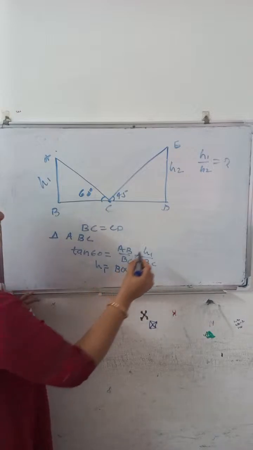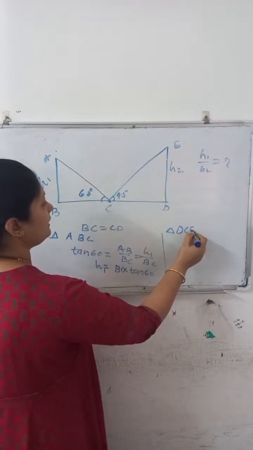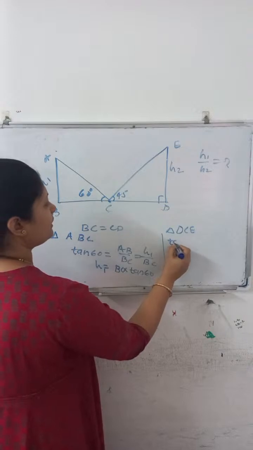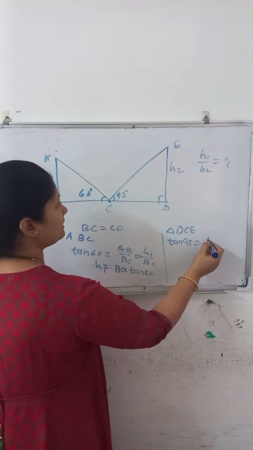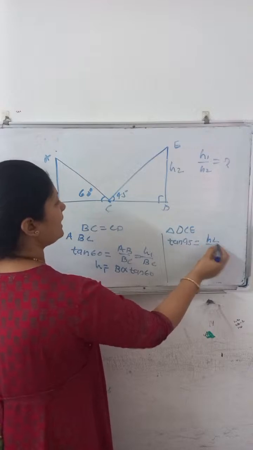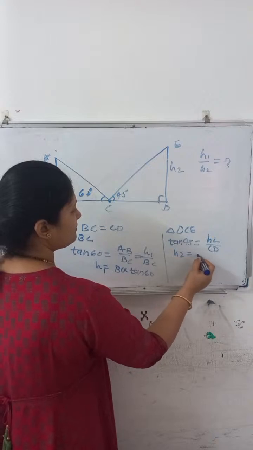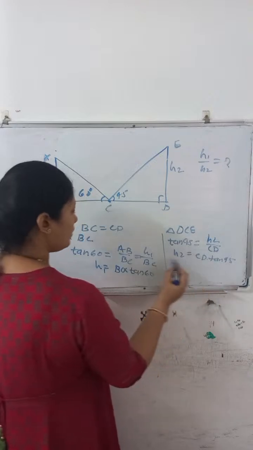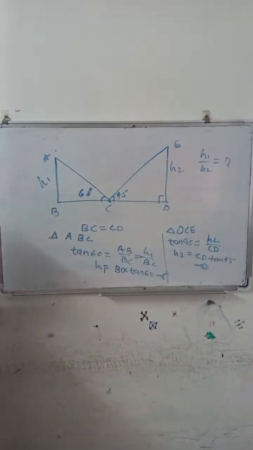Similarly, in triangle DCE, apply tan 45: opposite is h2 and the base is CD, so h2 is CD into tan 45. I got this as equation 1 and this as equation 2.